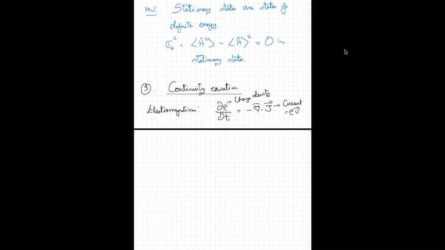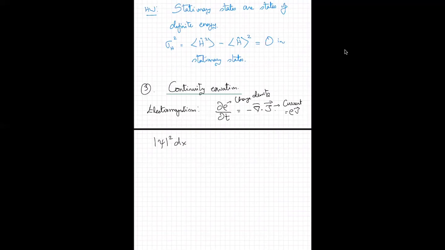There is a similar equation in quantum mechanics for probability. Remember that we argued that psi squared is a measure of finding the particle. Psi squared dx is a measure of finding the particle in some region dx, right? Which means I should find the particle somewhere, so the total probability has to be equal to 1.